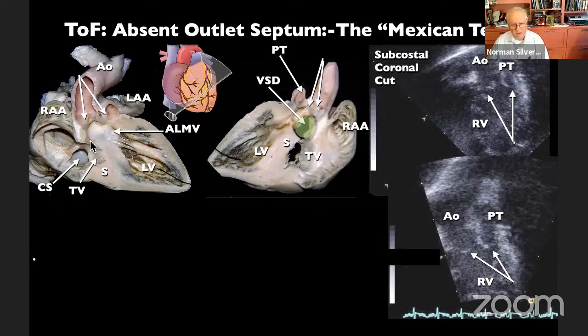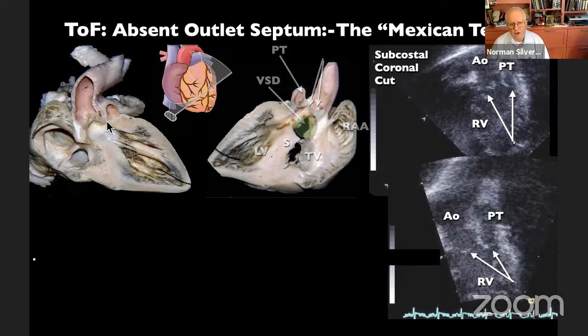Here's the ventricular septal defect. And this is the front half of that slice showing over here, again, the ventricular septal defect, the left and right ventricles, and also the aorta and pulmonary arteries. And what I want you to see here is the fibrous continuity between the leaflets of the pulmonary valve and the aorta without any infundibular septum.